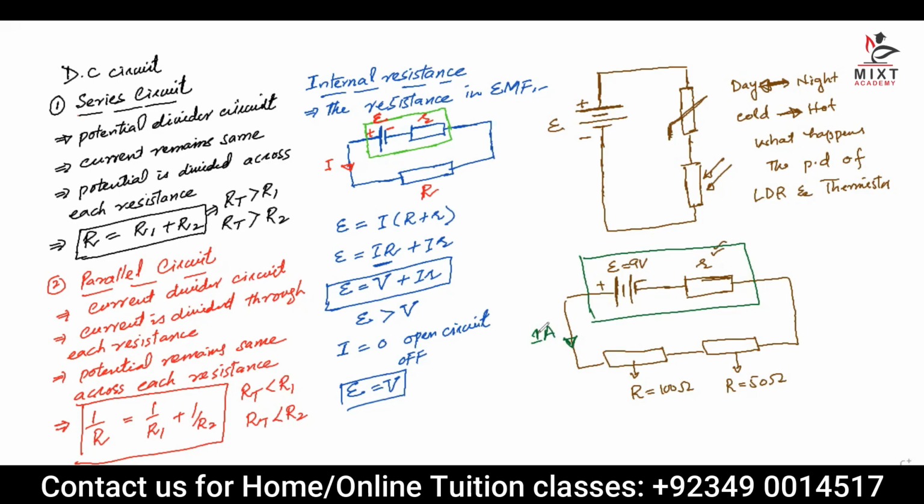Yeah, you will calculate it. Which formula will you use? We will do EMF minus voltage, or the external voltage. Okay, you do it. How do you get the answer?